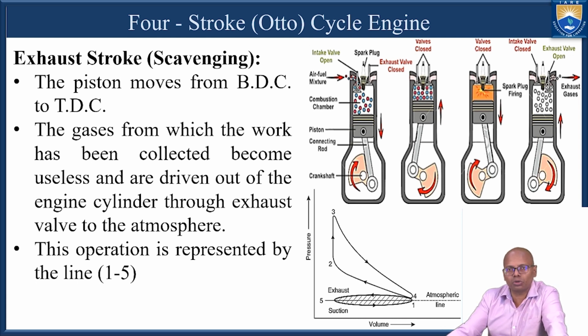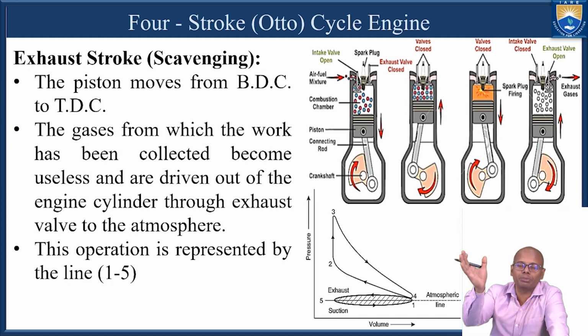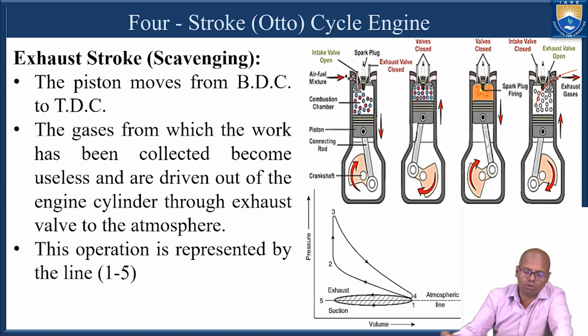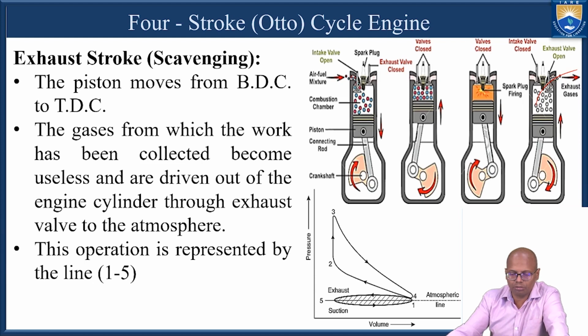Now, what is this exhaust stroke all about? Because of the movement of the piston, all the exhaust gases, that are the waste gases from which we have already extracted the power, will be pushed out of the exhaust valve. So that is why it is also called the scavenging stroke. This is represented by the line 1 to 5 in this PV diagram.